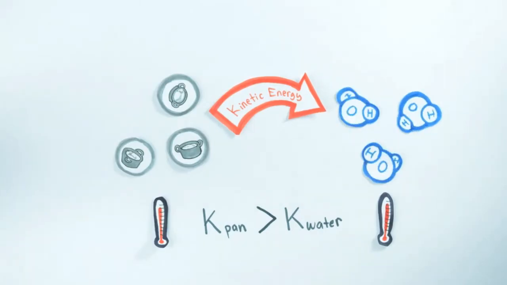There are other possible types of collisions between pan and water molecules, but at the end of the day, the high kinetic energy pan, low kinetic energy water collisions play the key role in energy transfer, so that on average, energy is transferred from the pan to the water.